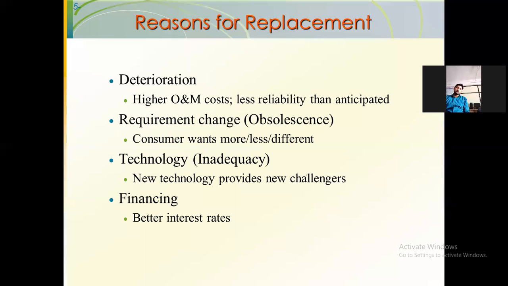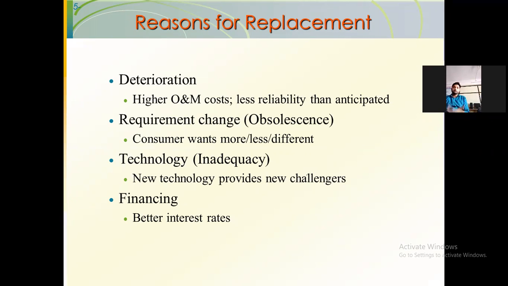Then financing. Sometimes you don't require new things, but the financial situation is such that the bank is providing very attractive loans. The interest rate on the loans is very attractive for purchasing new technologies or new machines.